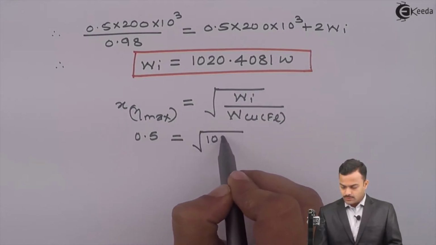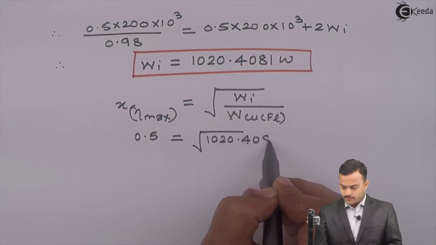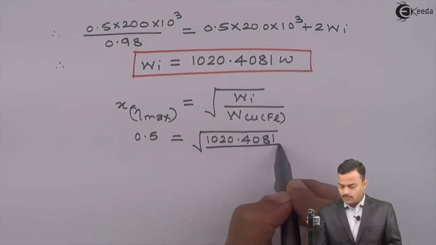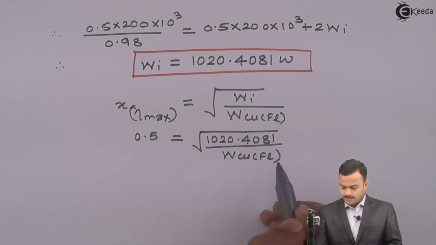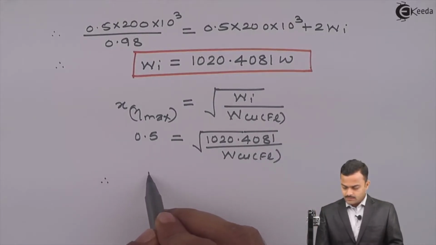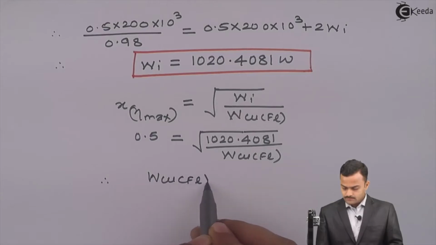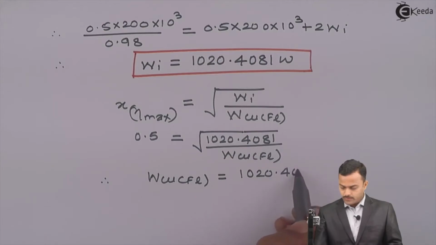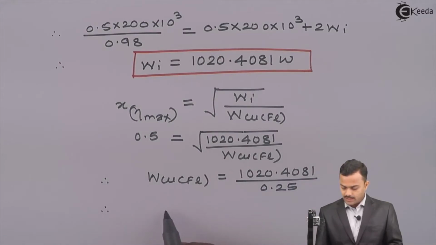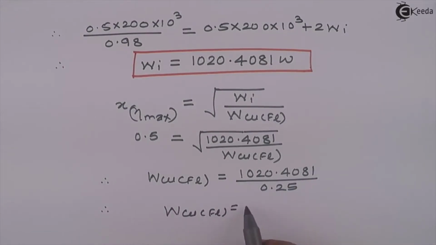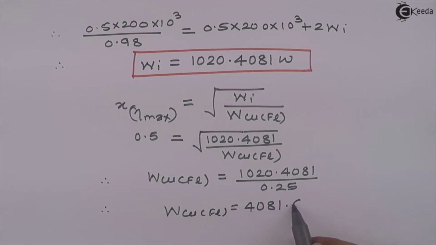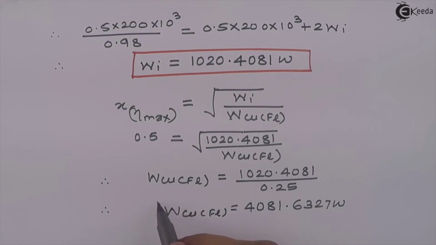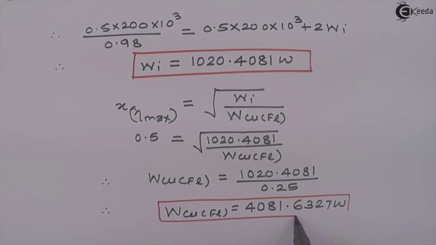For that, core loss is 1020.4081. So the only unknown is full load copper loss. If you solve this, you will get WCU FL equal to 1020.4081 divided by 0.25. The answer you will get is 4081.6327 watt. Full load copper loss we have calculated.